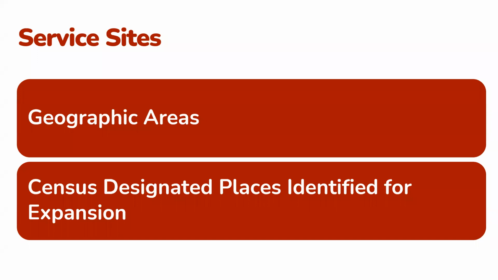But we do want to say that this does not mean that sites that have been historically funded will not be funded. We are just identifying and highlighting those areas where services are currently very limited or perhaps non-existent. It's really important to double click into that and see how that fits into your application. Next slide.